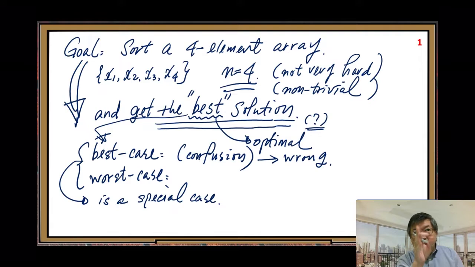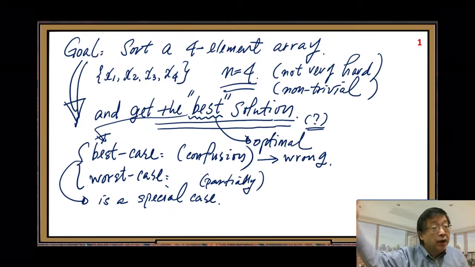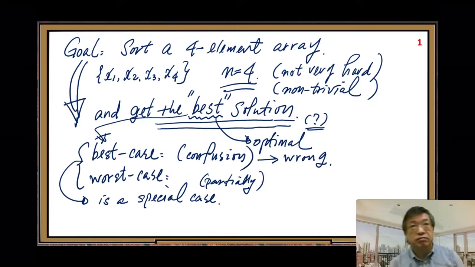If you solve this problem for the best case, you only solve the problem partially, not completely, because there are many other cases you have not considered. You only solve one of the special cases. That does not mean you can solve the problem for all the cases.